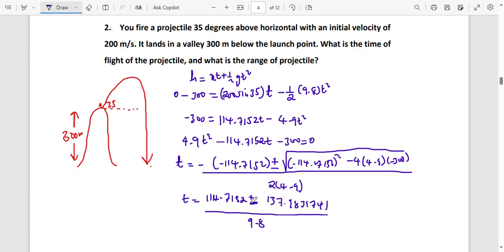Again, I said that you don't use the negative here, right? 114 minus 137 will give you a negative number. Time should always be positive, so just use the positive. So 114 plus 137, and then divide by 9.8.